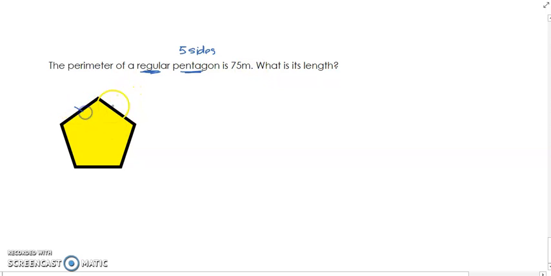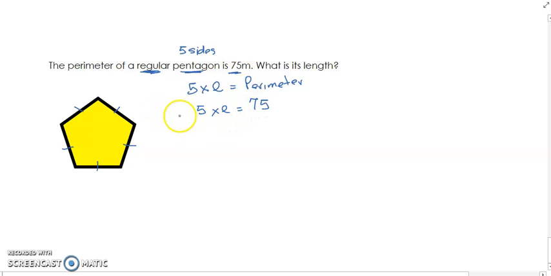We know that this side, this side, this side, this side, this side are all the same. So we know the perimeter is 5L. Some of you may not remember what 5L is. 5 times L is equal to the perimeter. So that means 5 times L is 75, right?